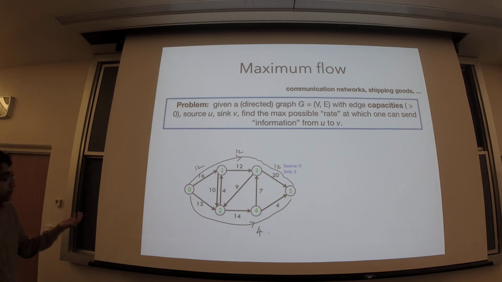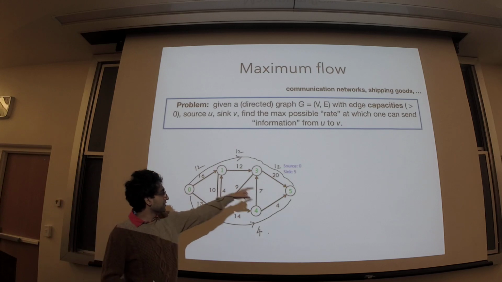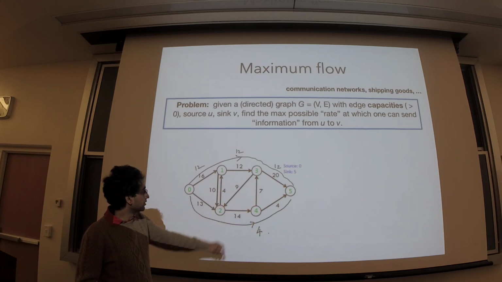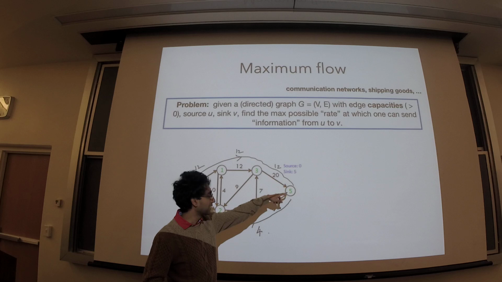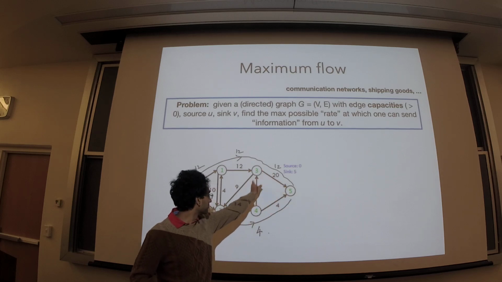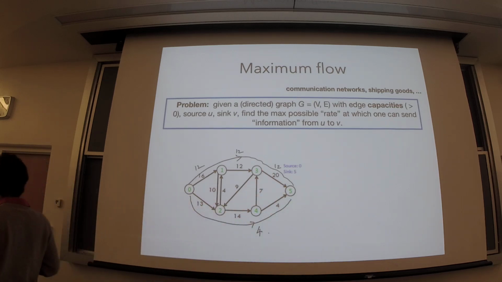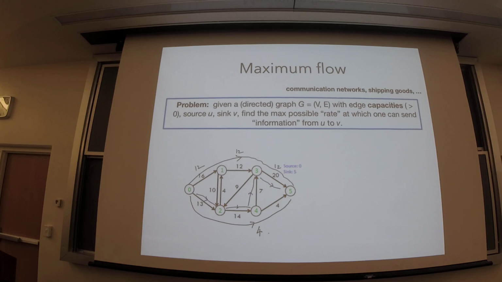Can I send some more flow in this graph from this vertex to the other? And how can you do that? You observe that there was this other way of going from this vertex to this. So I will send maybe 7 units of flow along this, with a different color.